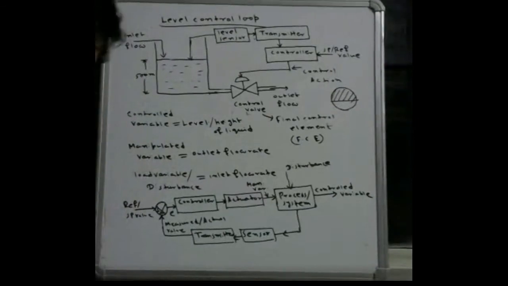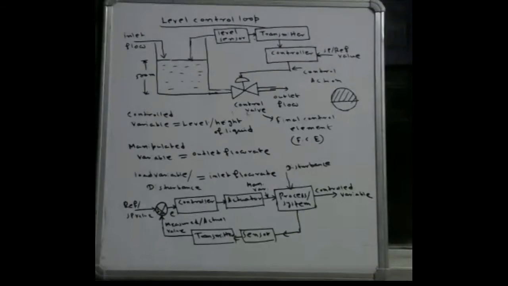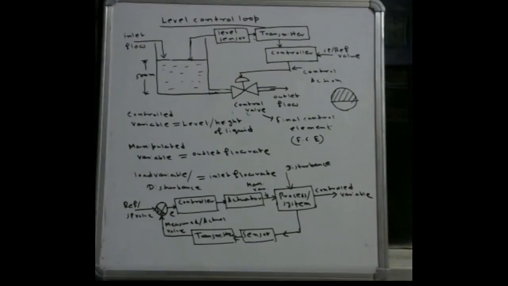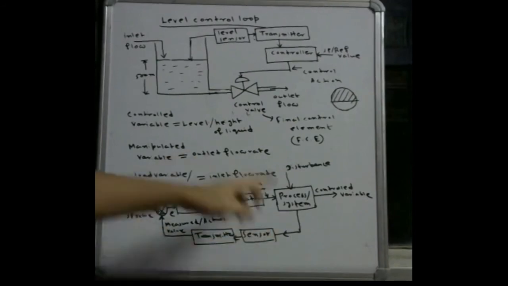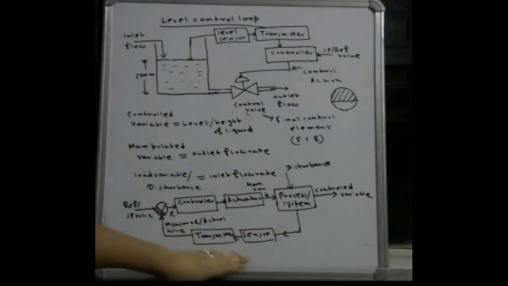Now we have to see some classification of our system. Before that, I have to mention that these blocks, controller, actuator, process, sensor, transmitter, should be mathematically modeled.